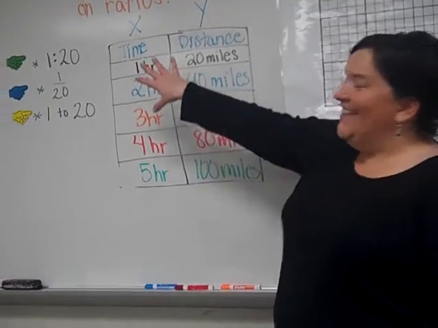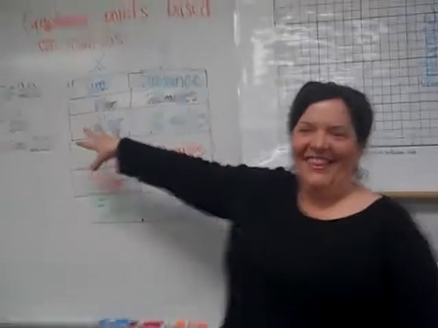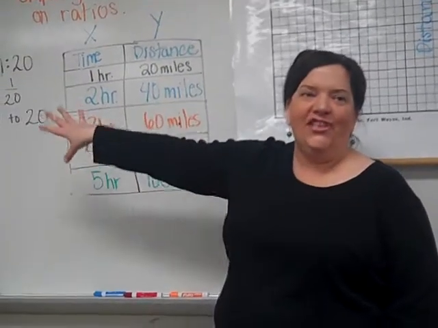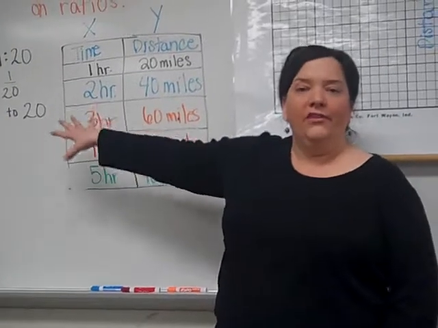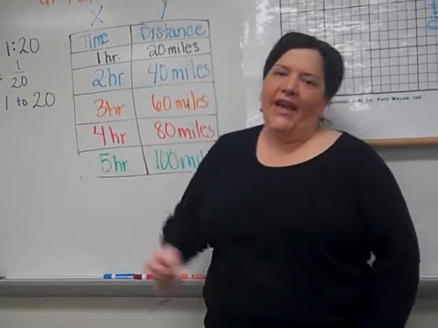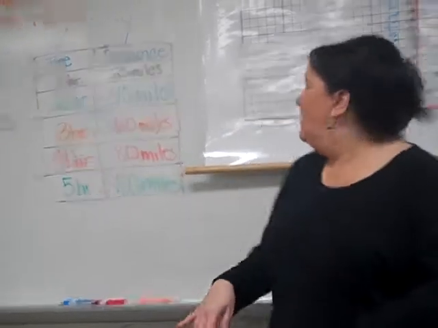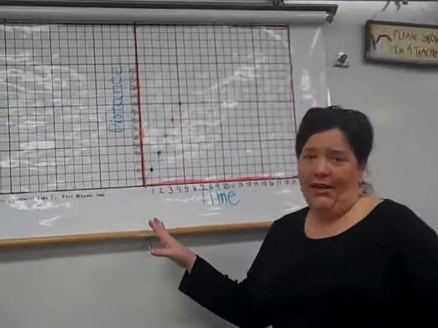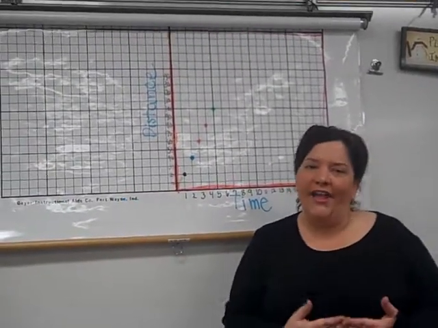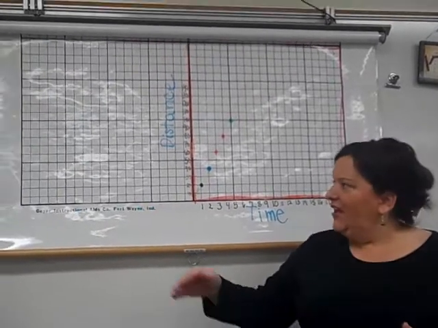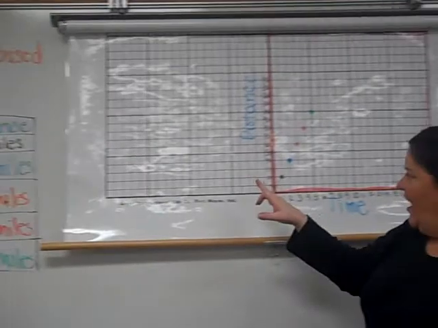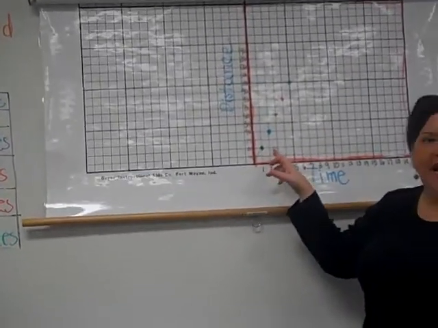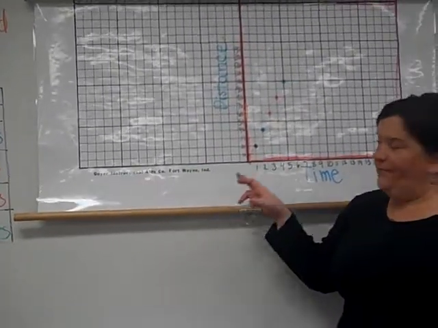So based on the information that is our proportions or equivalent ratios, we had to plot the points on our coordinate plane. I have color-coded each of the ratios, and I color-coded the points on my coordinate plane.